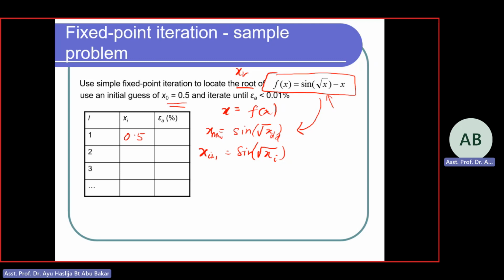To find your next value, the new value, take 0.5 and put it in the rearranged equation. Here we want to find the x new, x_i+1, which is the second iteration. So sine, the previous one is 0.5, sine of the square root of 0.5.